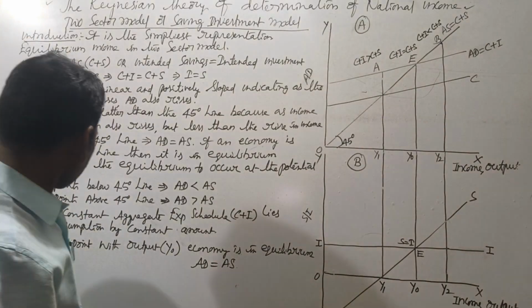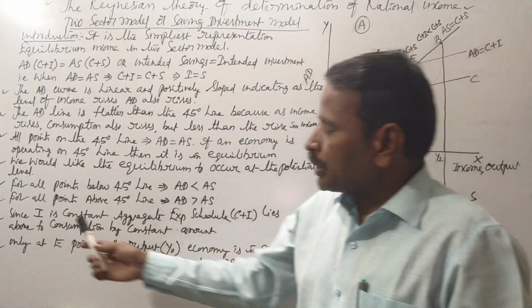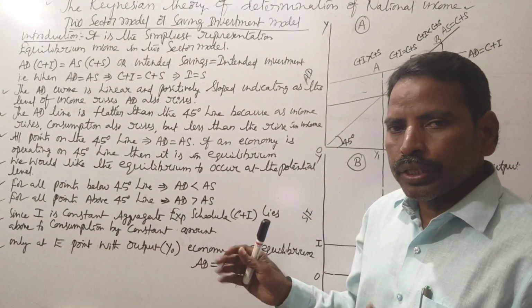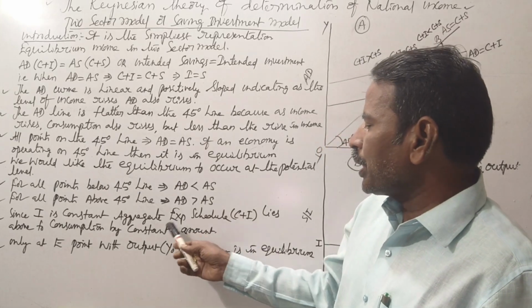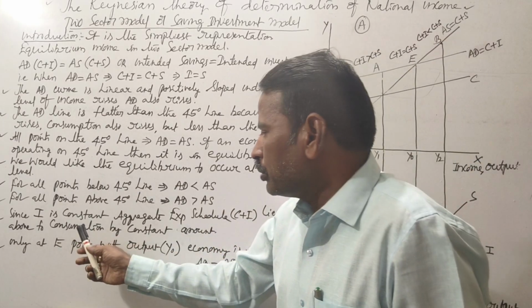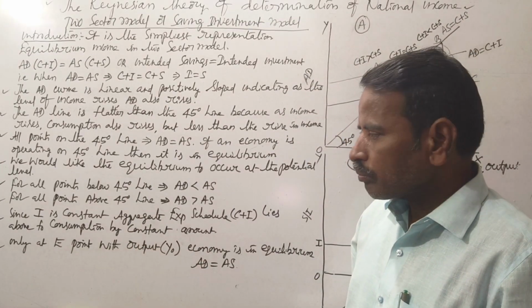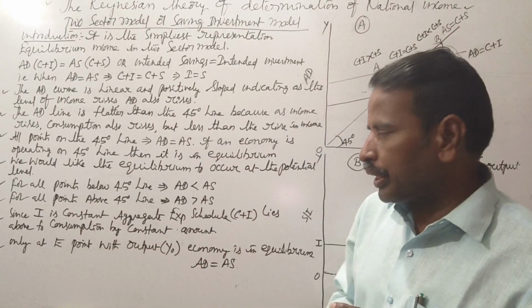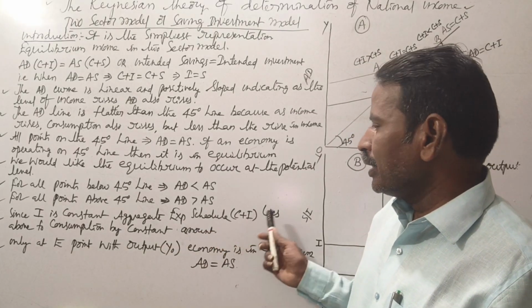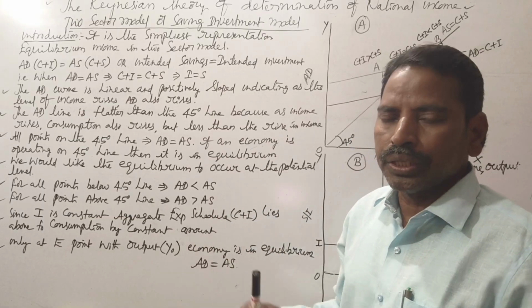Next step. Since I is constant, investment is constant, the aggregate expenditure schedule C plus I lies above consumption by a constant amount.